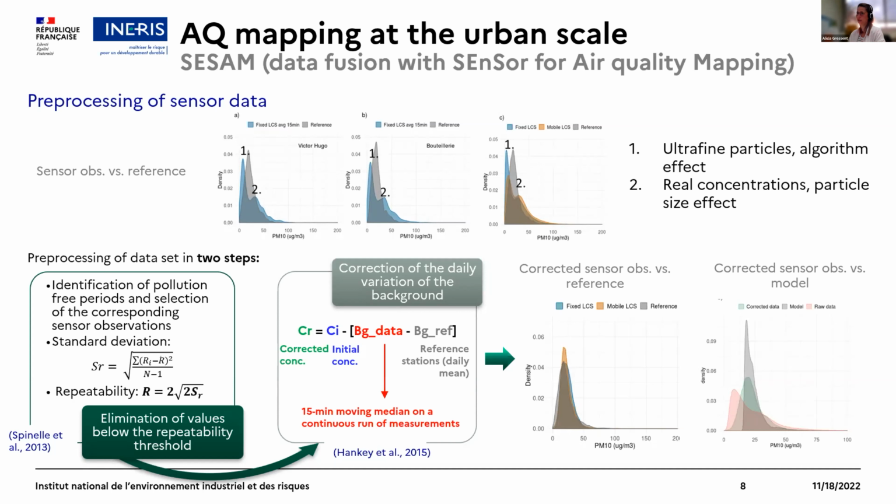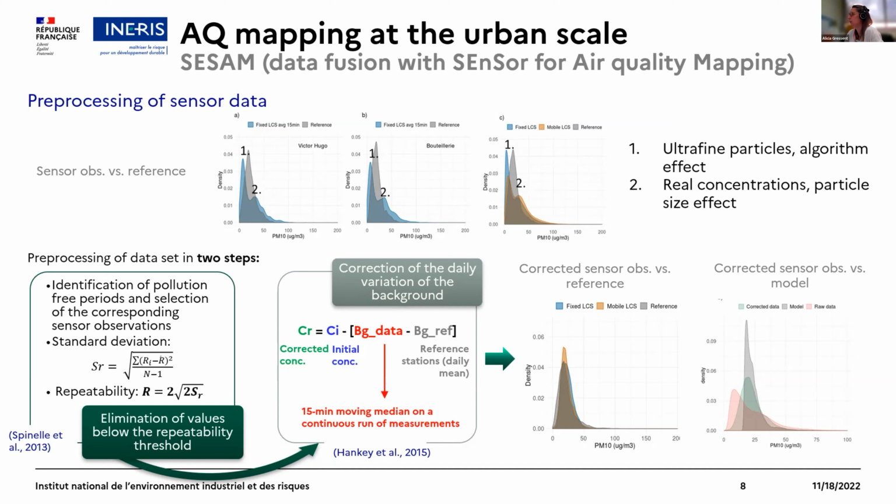to eliminate the sensor data which are below a threshold, which is based on a repeatability criterion, calculated here based on three periods of pollution. And then in the second step, we corrected the sensor observations by the daily variation of the background concentration, which is determined based on the reference stations.